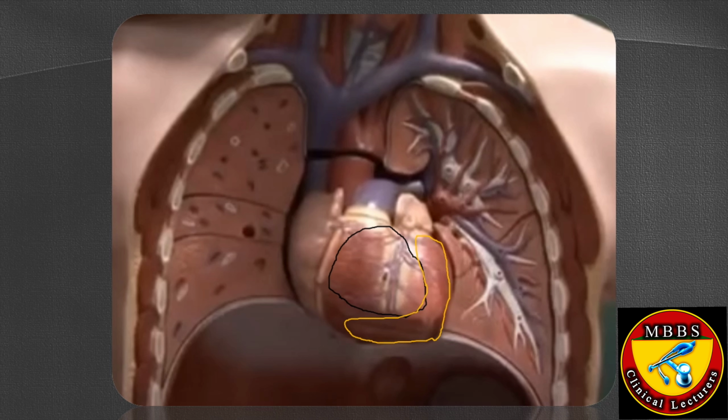In this way, this is more towards the left and posterior inferiorly, and this is towards the right side. So the diaphragmatic surface is mainly formed by the left ventricle, and the inferior border is formed by both of these.